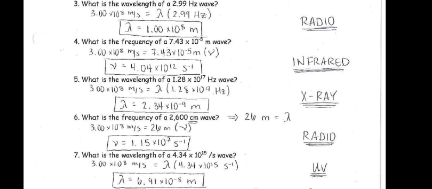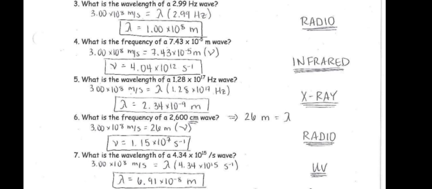So number 4, what is the frequency of a 7.43 times 10 to the power of 5 m wave? So we still substitute the speed of light, 3.00 times 10 to the power of 8 meter per second, and the wavelength is 7.43 times 10 to the power of 5 m.